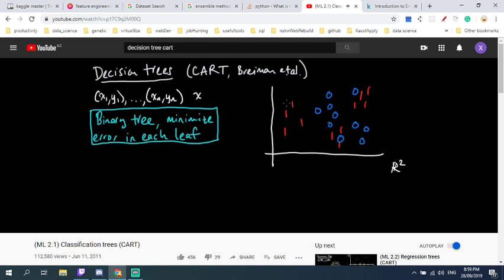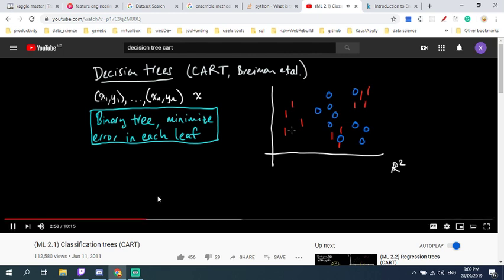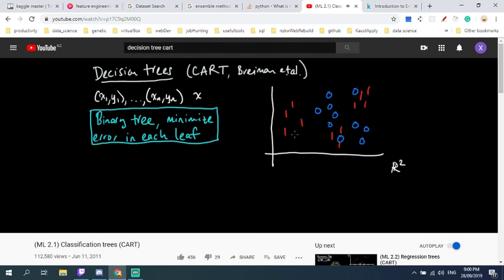And in a decision tree, you choose a sequence of binary splits of the data. So first, if you want to split this data in some good way, maybe a first choice would be to split on the first coordinate here.